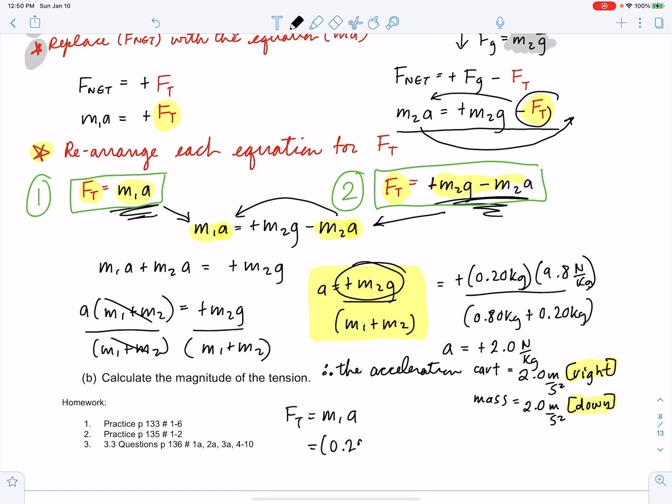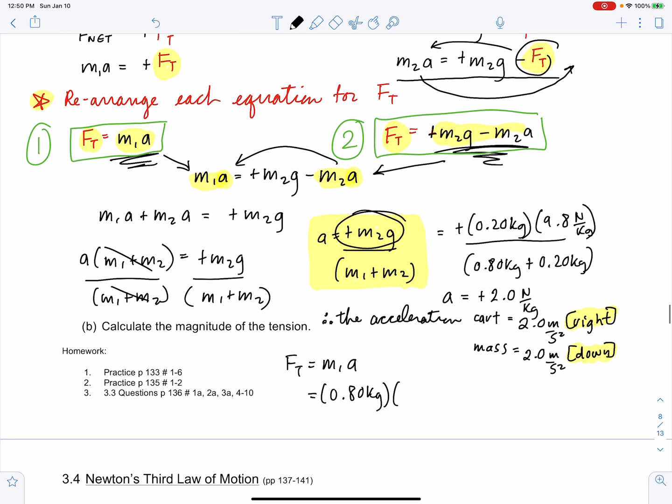M1 is 0.80 kilograms. I almost put in the wrong mass. That's a very common mistake, when you mix up M1 and M2. So make sure you're clear. And we're going to put in the acceleration. The acceleration is plus 2.0 newtons per kilogram. I use plus because the acceleration of the cart is to the right.